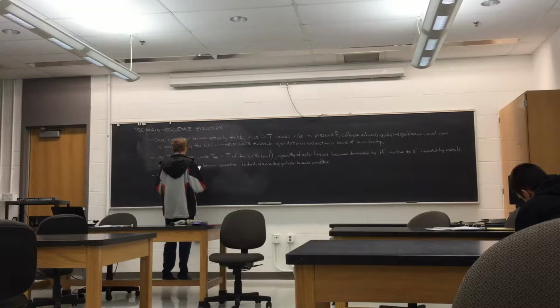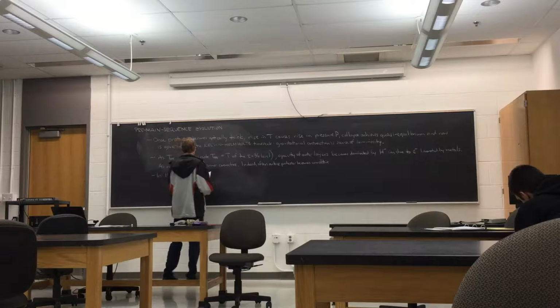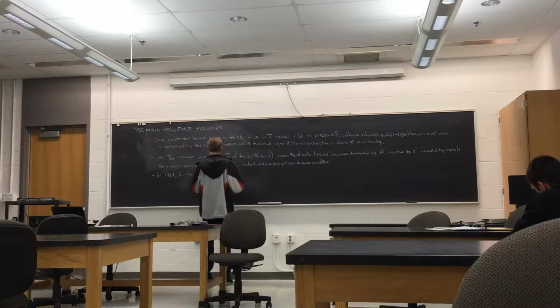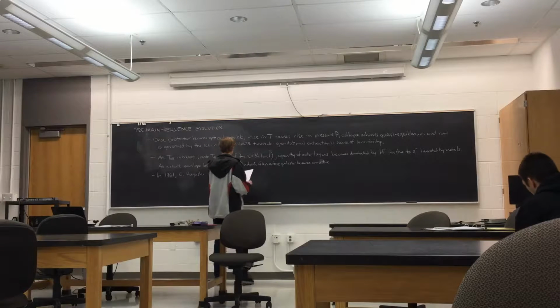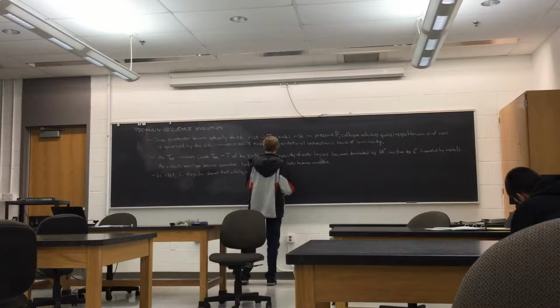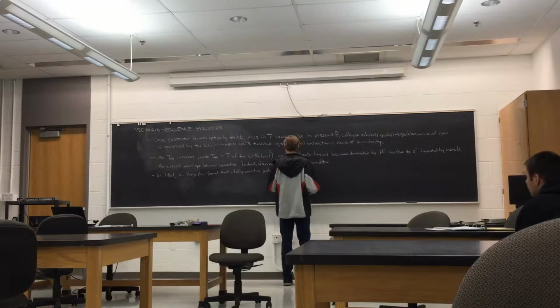And in 1961, C. Hayashi showed that a fully convective protostar moves along a nearly vertical track in the HR diagram.